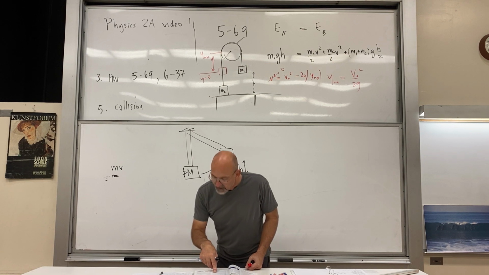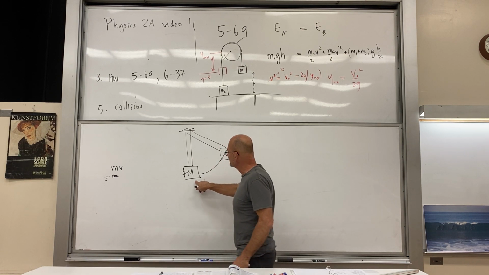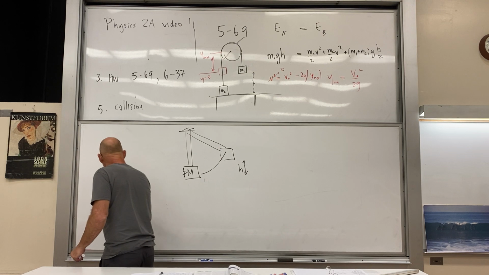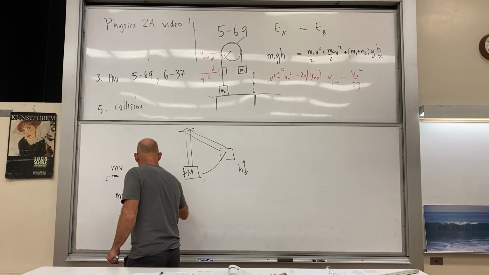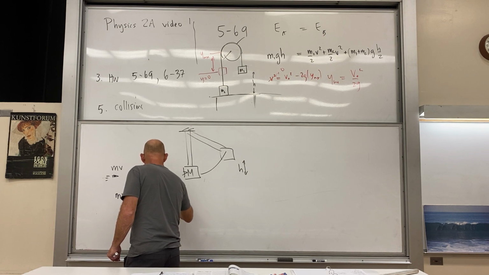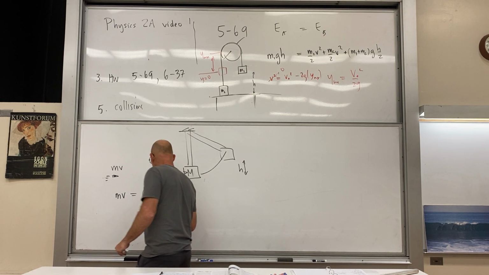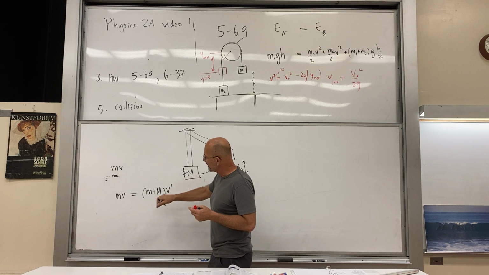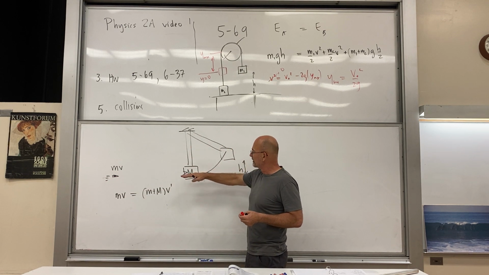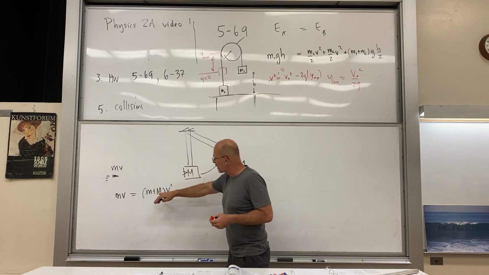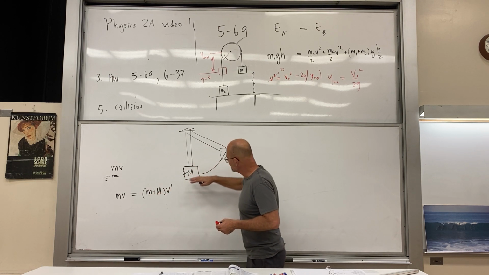Well, the momentum after the collision is equal to the momentum before the collision. Right. This was the law of conservation of momentum. The momentum of the bullet before it collides with the block equals the total mass of the bullet plus the block times the new speed.